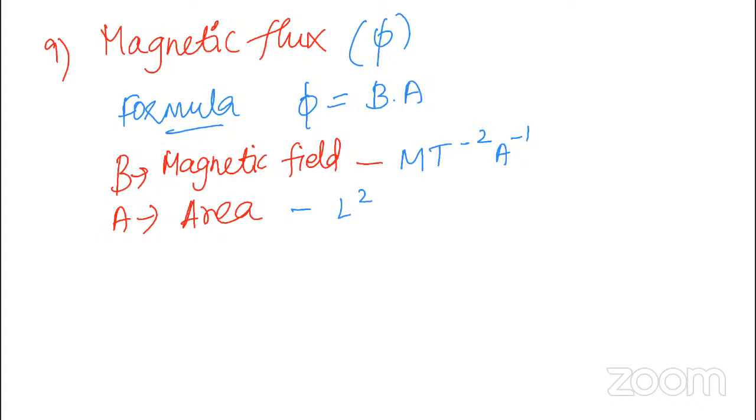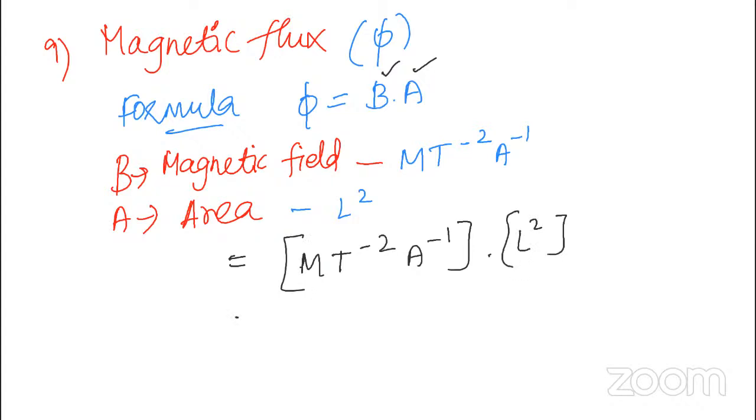Now we are writing the formula B into A: M T power minus 2 into A power minus 1 into L square.